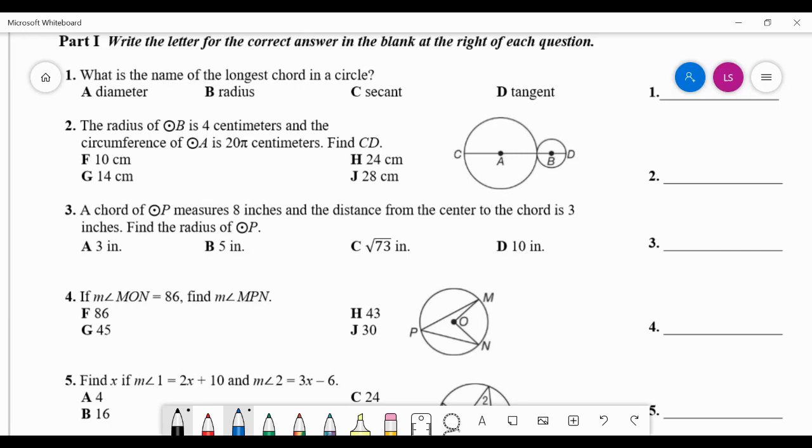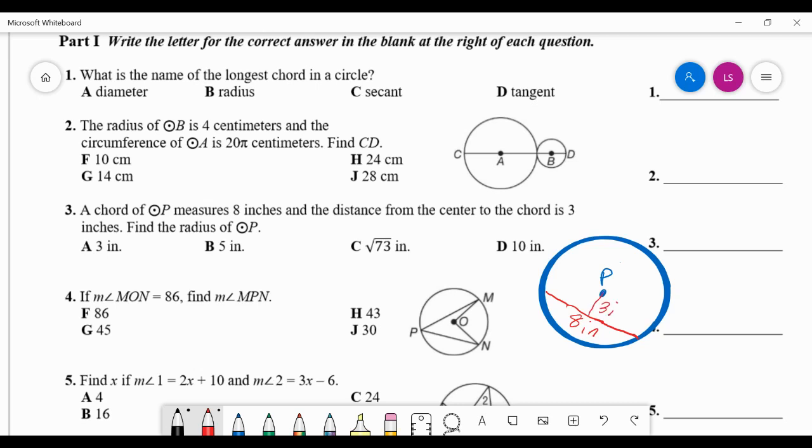Number 3, a chord of circle P measures 8 inches. So I have circle P and a chord on circle P. A chord on circle P measures 8 inches, and the distance from the center to the chord is 3 inches.